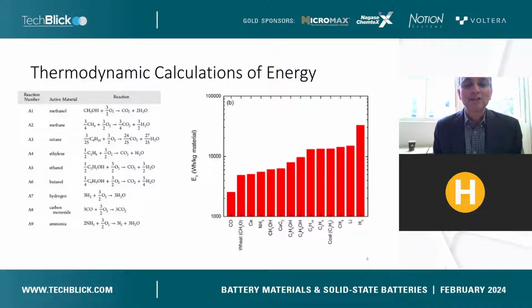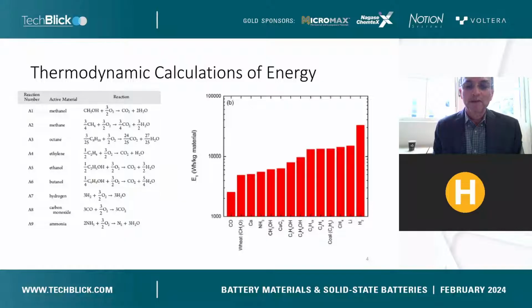And so, on the scale of energy containing materials, carbon monoxide is on one side, lithium metal is here, and hydrogen, the fuel cell, does use the highest energy per kilogram of material known to man, or the periodic table can allow us.